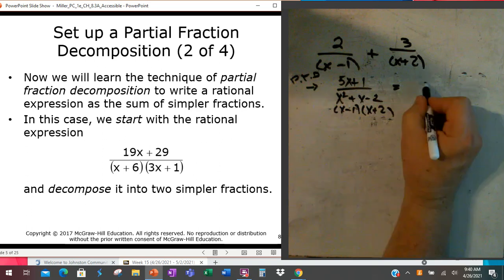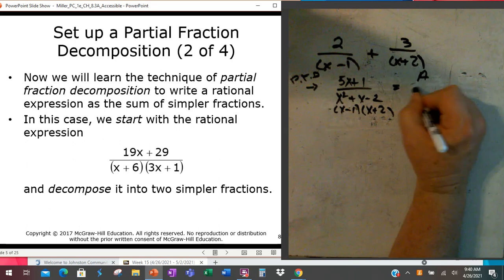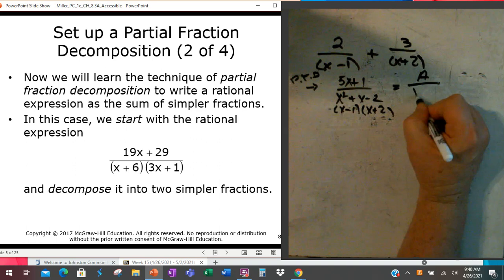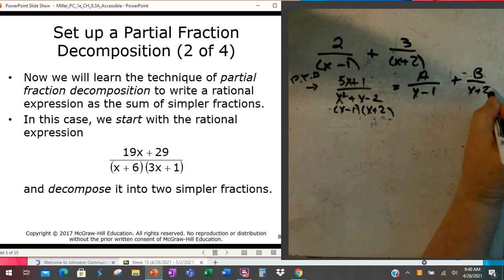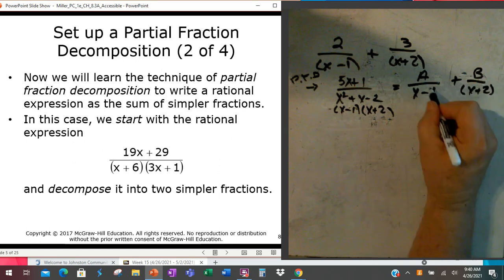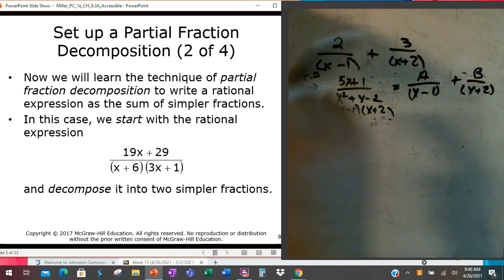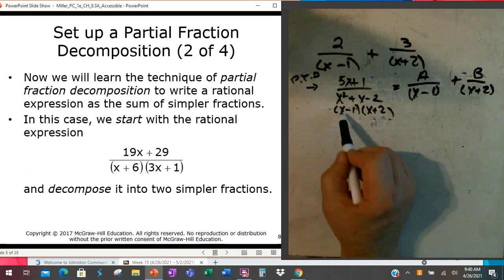So what I want to do is assume that I can break this thing apart and I have some version of A over this first factor and then B over the second factor. This looked like this and looked like this, and this is on this side. It is the very same thing, just in a different form.